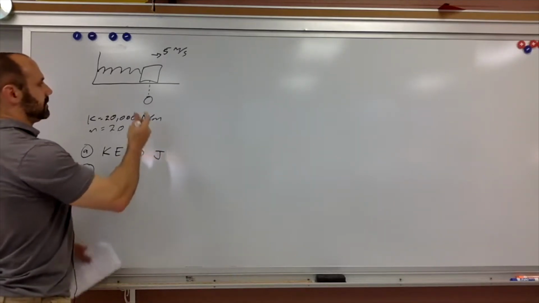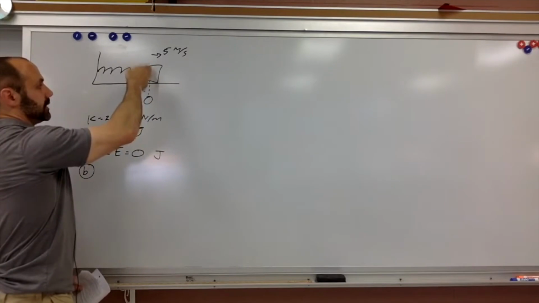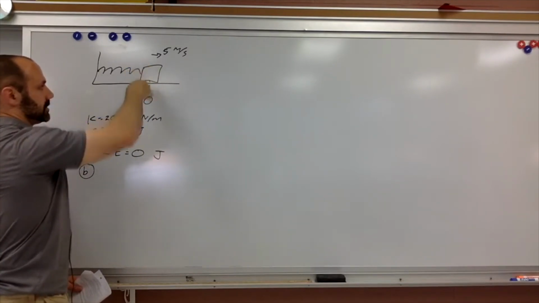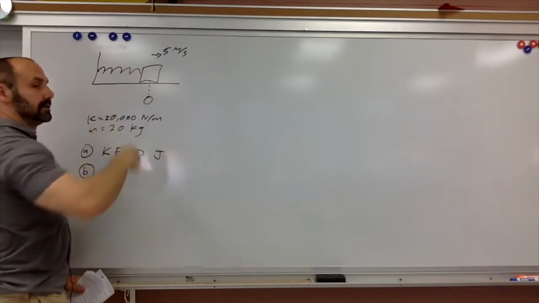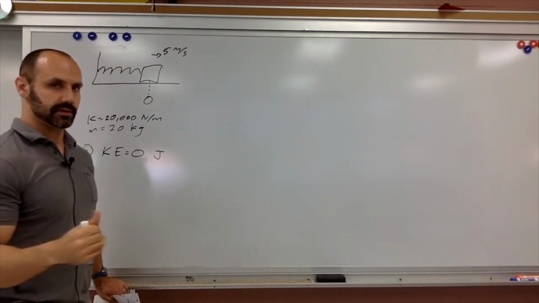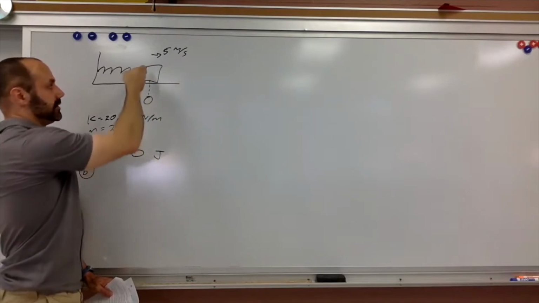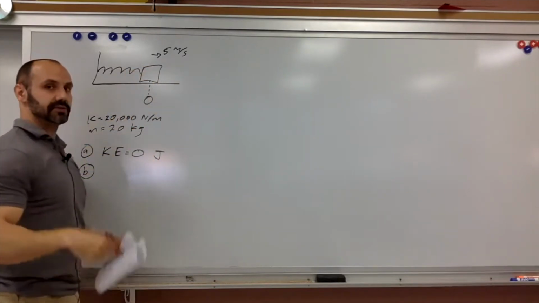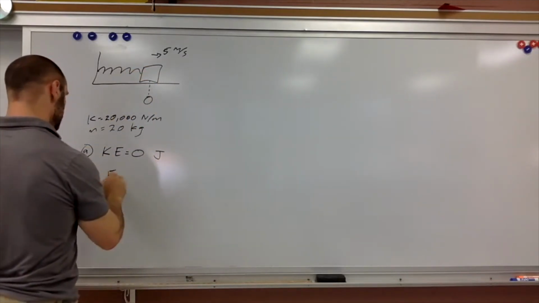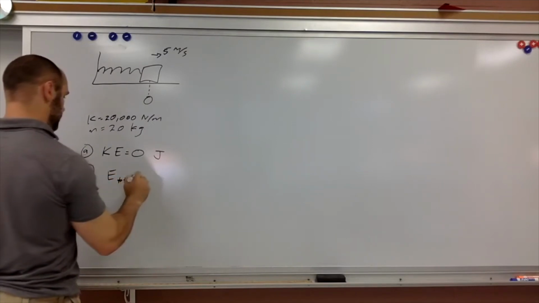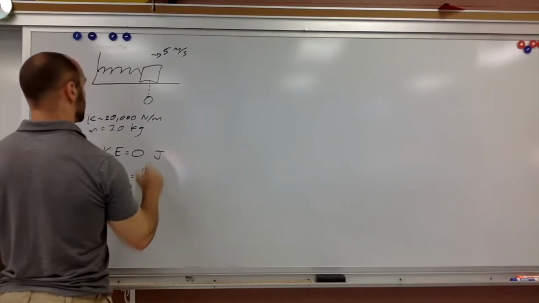Here at this point, I've got kinetic energy, but I don't have any elastic potential energy because it's at the equilibrium. It's not compressed or stretched at all. So at this point, the kinetic energy is the total energy. So the total energy is equal to the K at 0.